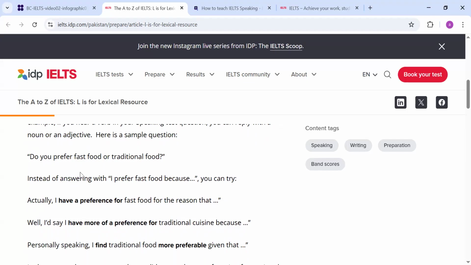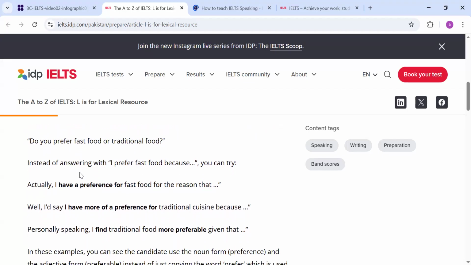So what is the difference? They are not using the word prefer. They are changing its part of speech. If you're not understanding, you can mention that. Here we can see they have changed the word. They use preference instead of prefer.